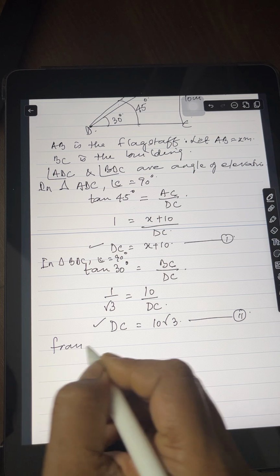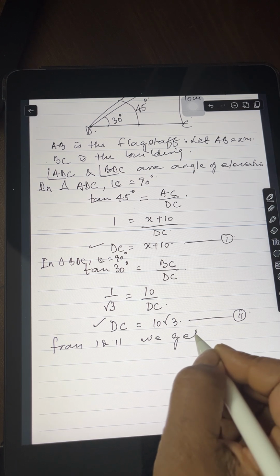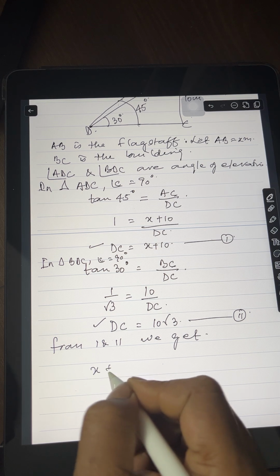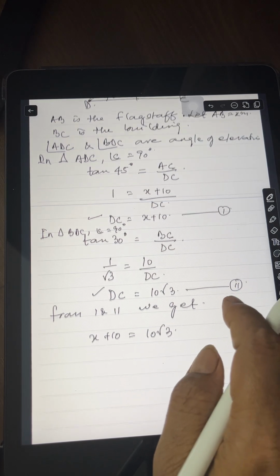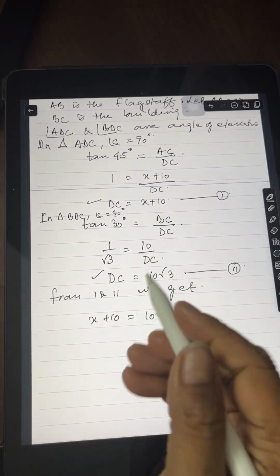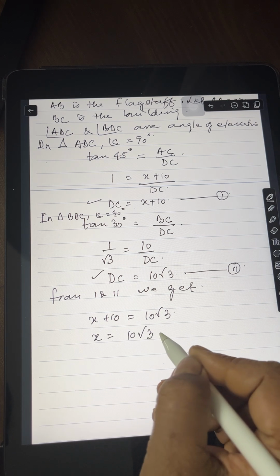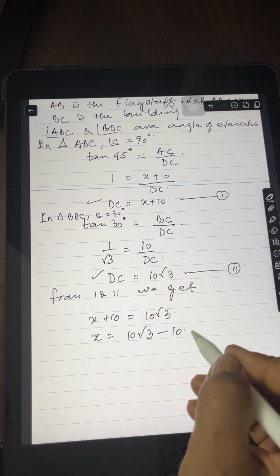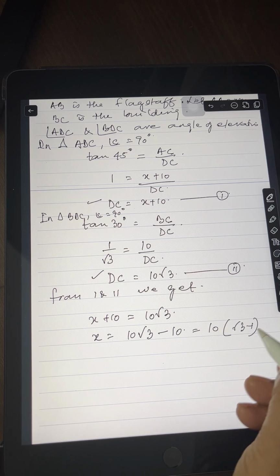From 1 and 2, we get what? x plus 10 is equal to 10 root 3. Because both LHS are same, so you can say both RHS are also same. So x is equal to 10 root 3 minus 10, which is equal to 10 you take common, root 3 minus 1.